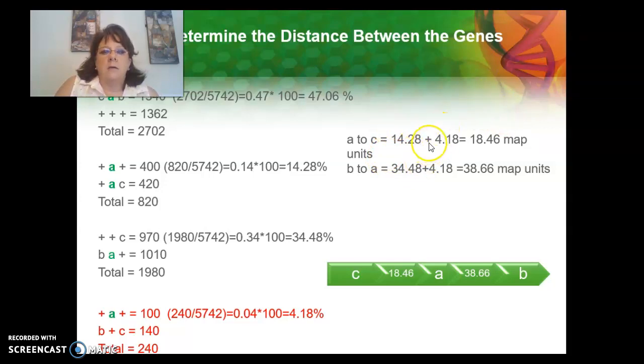We add that double crossover 4.18 to come out with 18.46 map units. And the distance from B to A is 34.48 plus the double crossover of 4.18 to come out with 38.66 map units. And you see below, here's the distance between C and A at 18.46 and A and B at 38.66.